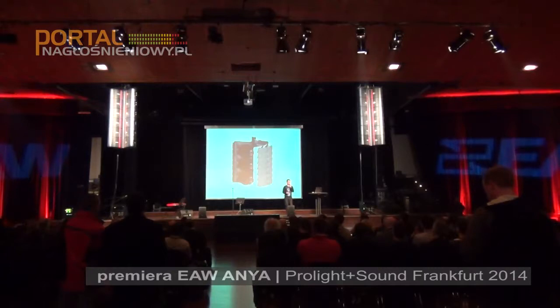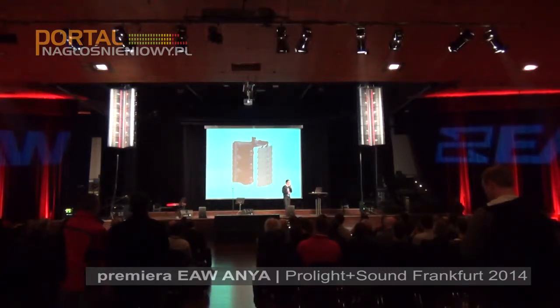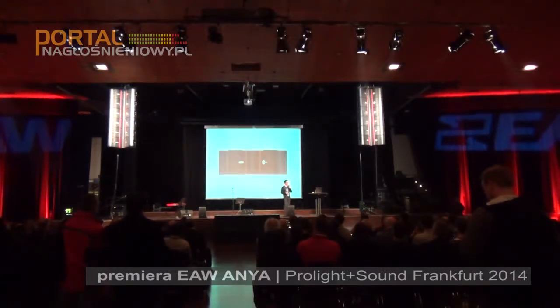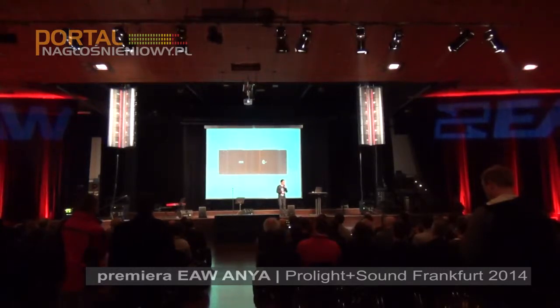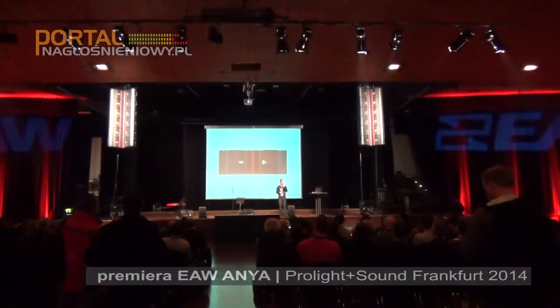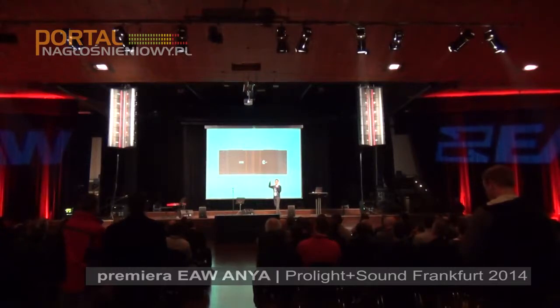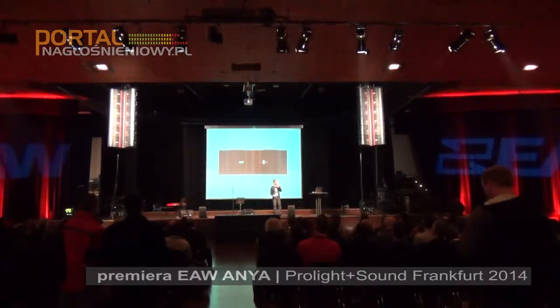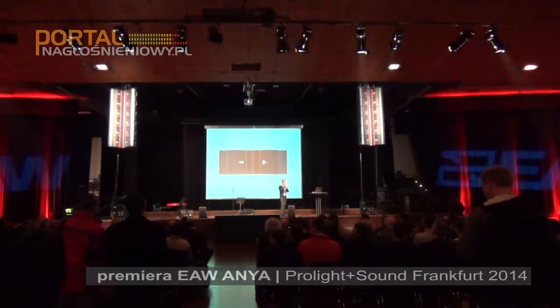So it's a very unique manifold, patent pending, that brings the 14 HF devices into a single column of apertures, 1-inch spacing between them, that actually continues for the entire height of the array once you start building multiple Anyas together.